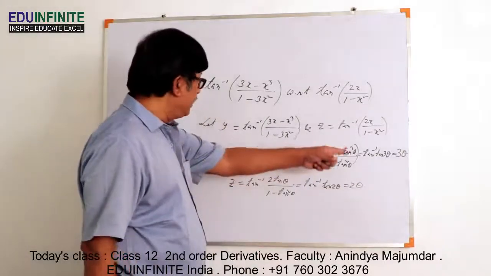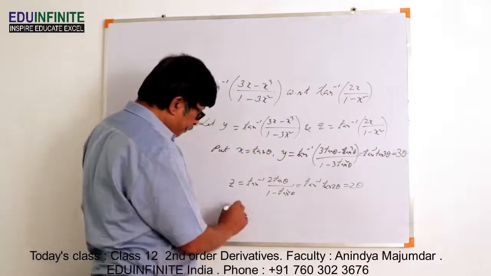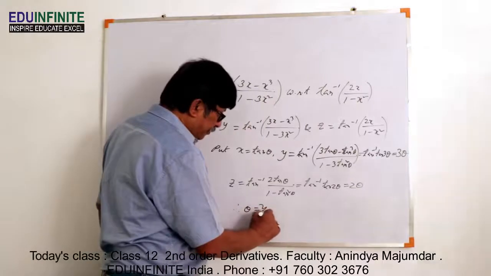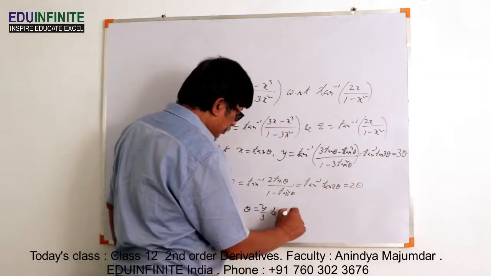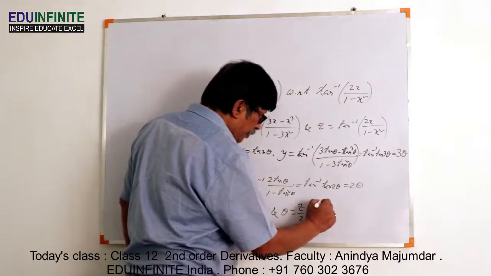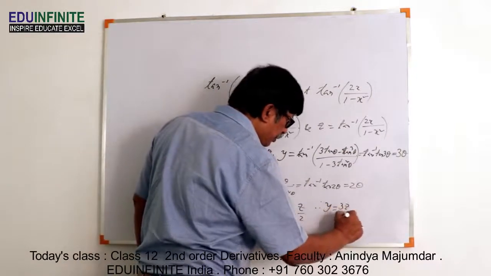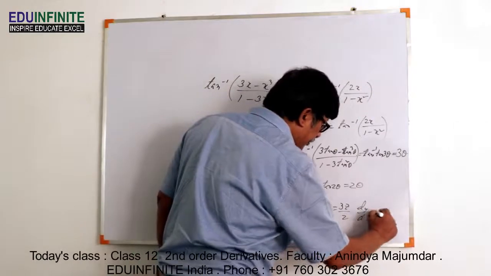So out here, y is equal to 3 theta. So theta is equal to y by 3 from the first, and theta is equal to z by 2. So therefore, y is equal to 3z by 2. Straight away, dy dz is equal to 3 by 2.